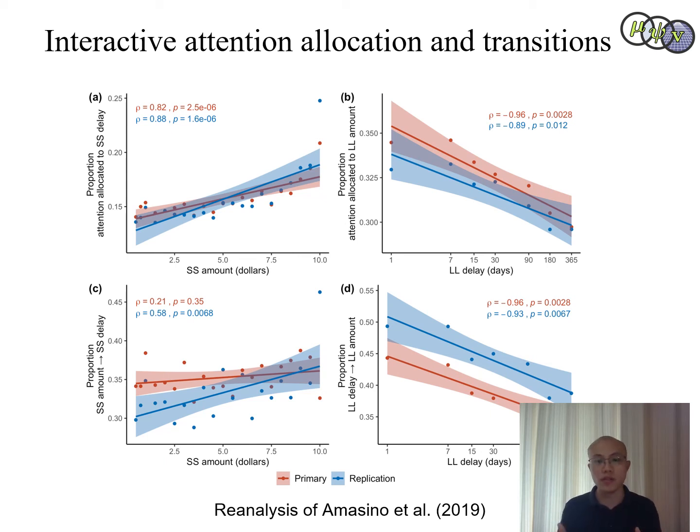So overall, on the group level, we show pretty strong evidence suggesting that the processing of amount and time are not independent. Rather, there are strong interactive attention allocation and transition patterns in the eye tracking data.